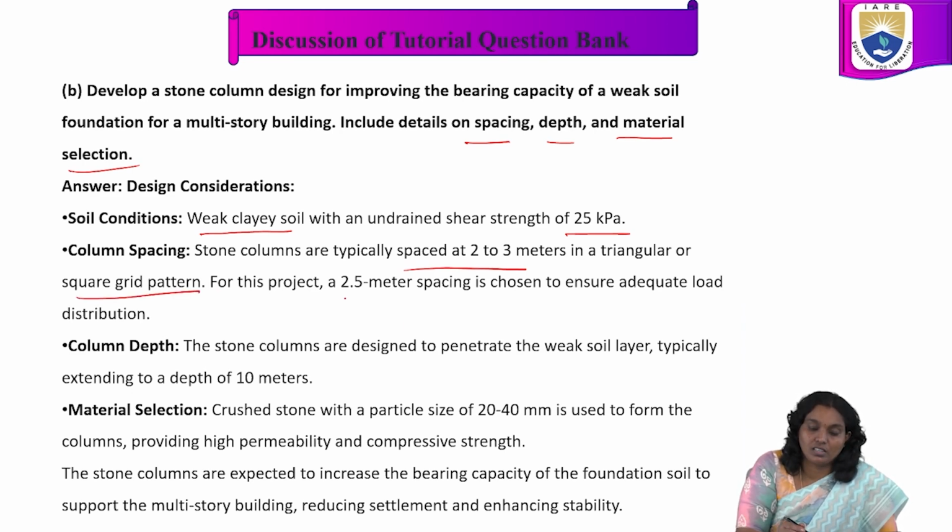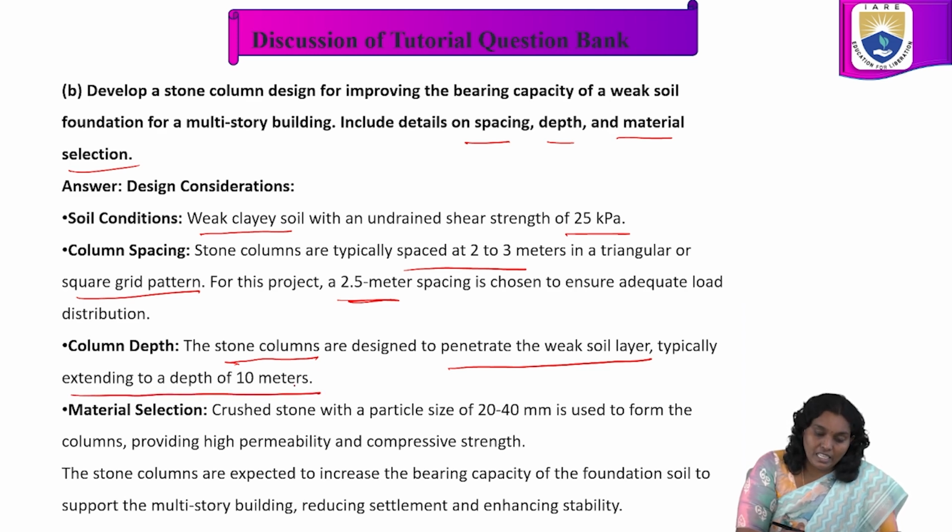For this project, 2.5 meter spacing is chosen to ensure adequate load distribution. Column depth: the stone columns are designed to penetrate the weak soil layer, typically extending to a depth of 10 meters. Material selection: crushed stone with a particle size of 20 to 40 mm is used to form the columns, providing high permeability and compressive strength.